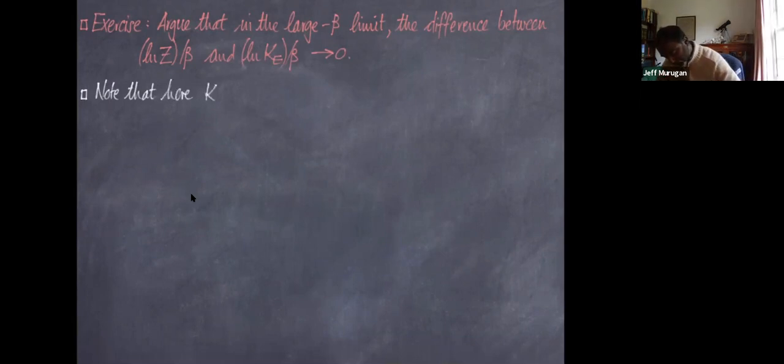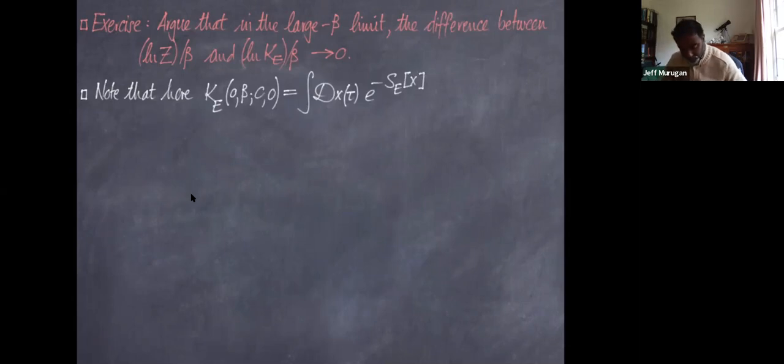So here, this K_E of 0, beta, 0, 0 is simply equal to the path integral of Dx(tau) e to the minus the Euclidean action of x, where the Euclidean action S_E of x is given by the integral from 0 to beta with respect to tau of m over 2 dx by d tau squared plus V of x.